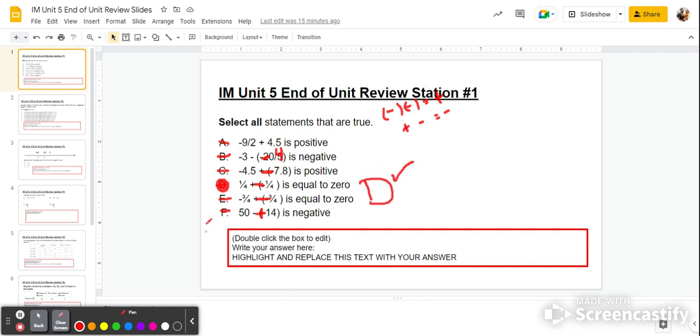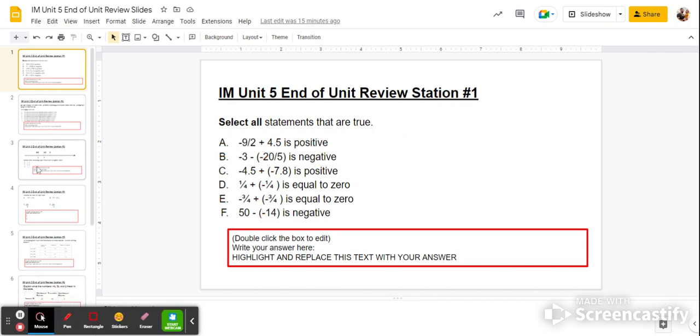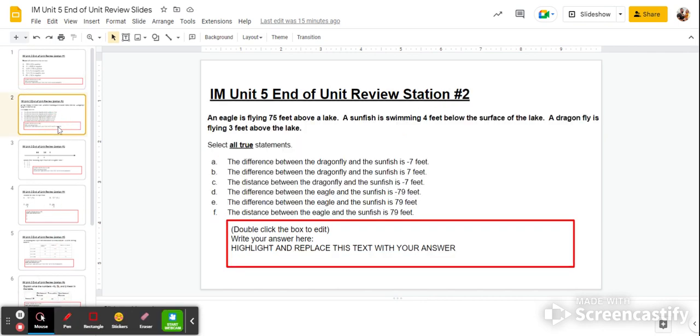Good job. Okay, on to our next one. Select all the true again here. As we go through this first one, the difference of the dragonfly, which is 3 feet above the lake, so plus 3.